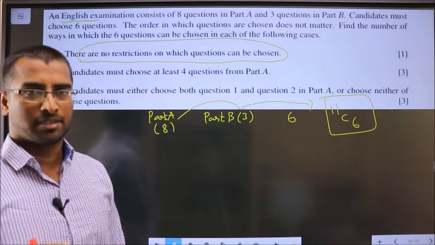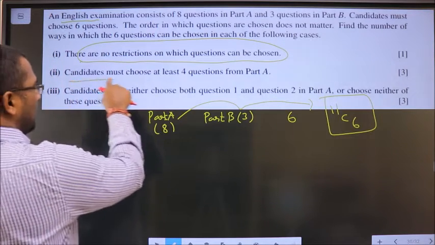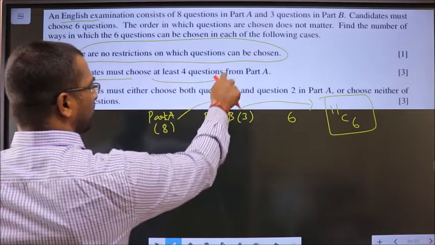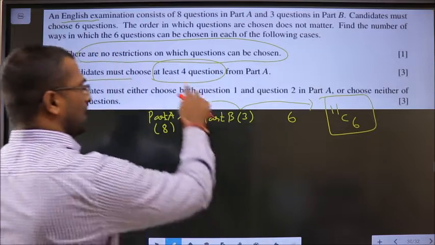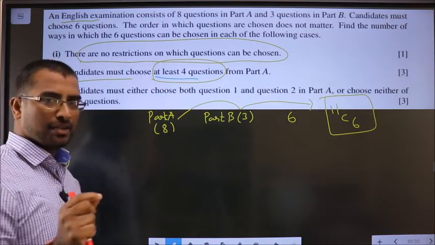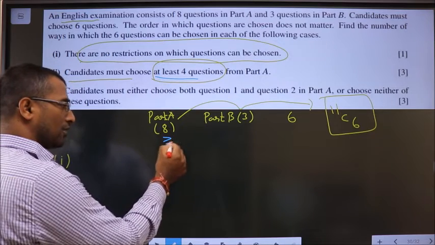Okay, for the first bit. Now the second bit. The candidate must choose at least 4 questions from part A. At least 4 means greater than or equal to 4.